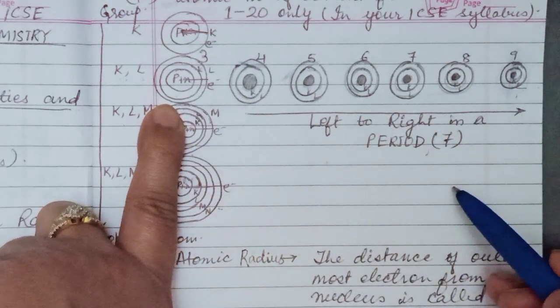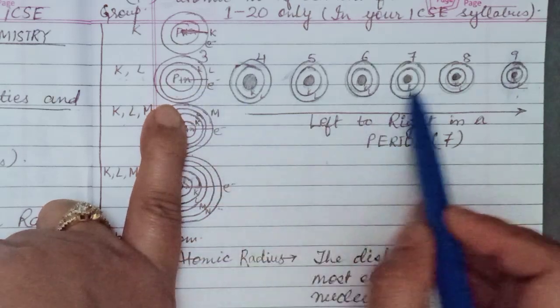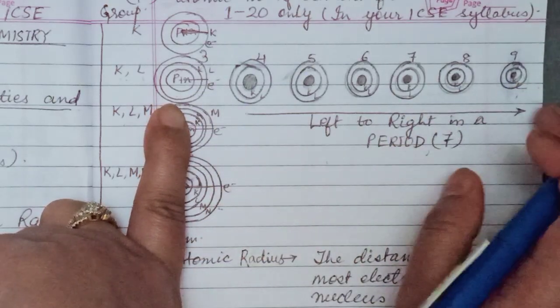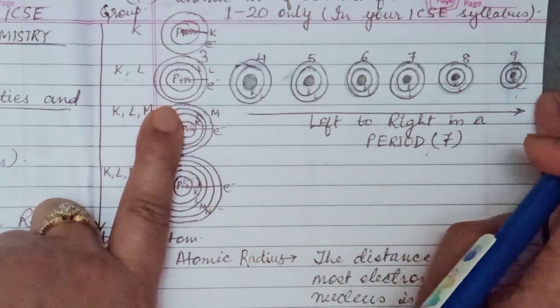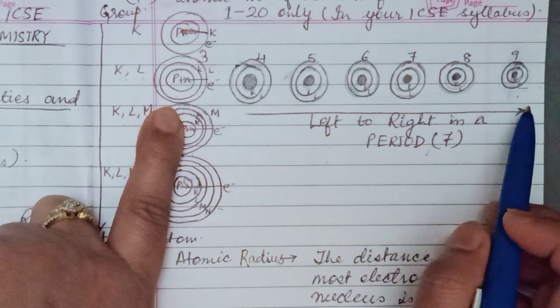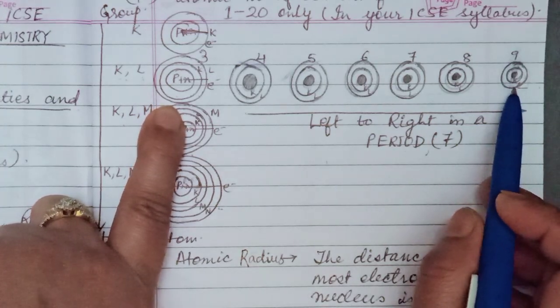Why is it decreasing? If they have the same number of shells, then it must be the same size. But this case is different here. When we are moving from left to right, the size of the atom is decreasing.